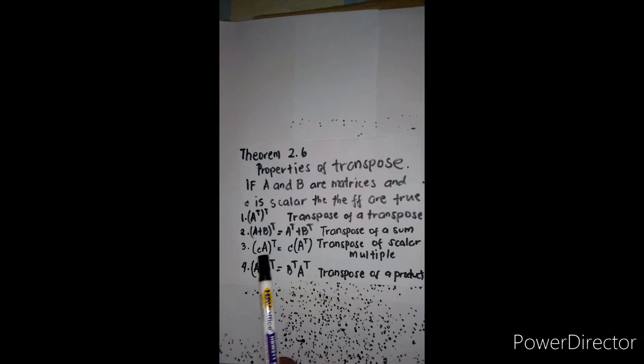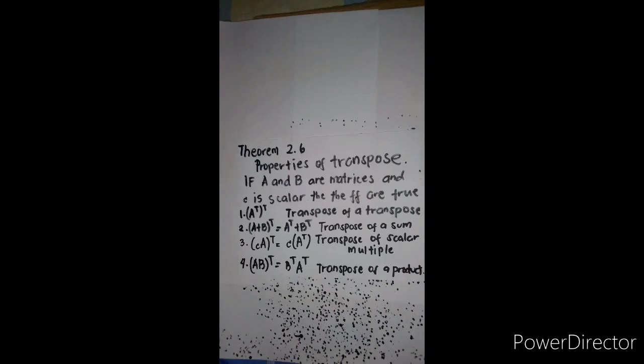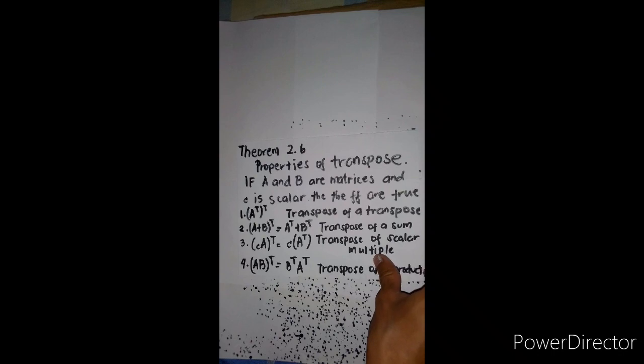Scalar C multiplied by A, transpose, is equal to scalar C multiplied by A transpose, which is called transpose of a scalar multiple. For the last property, quantity A multiplied by matrix B transpose is equal to B transpose A transpose, or transpose of a product.